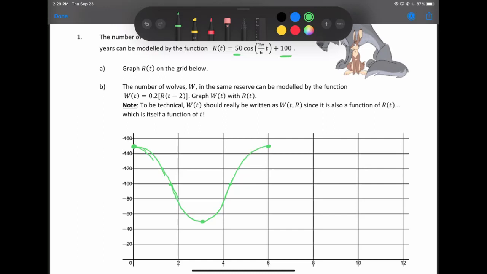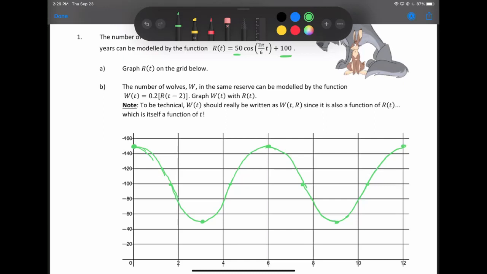And then it's going to do the same thing again. So over the 12 years we have here, it's going to go through 2 complete cycles. Okay, so there's our rabbit population.